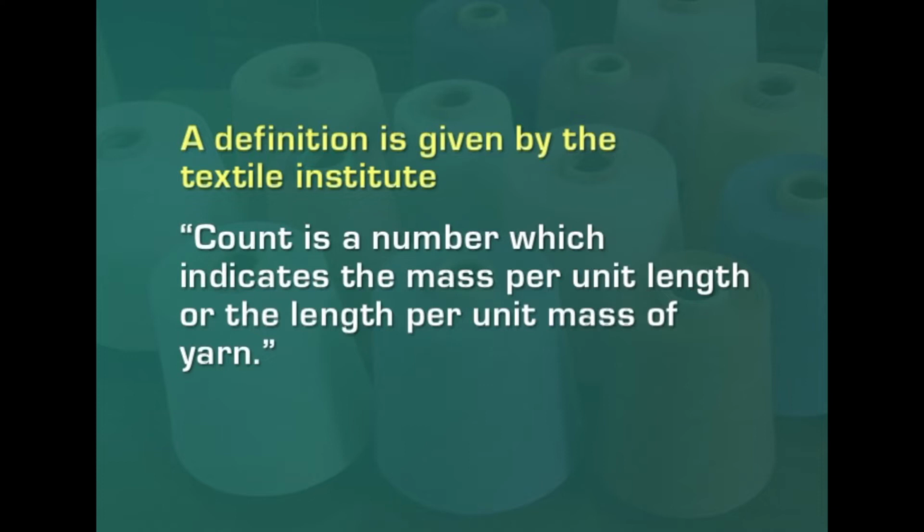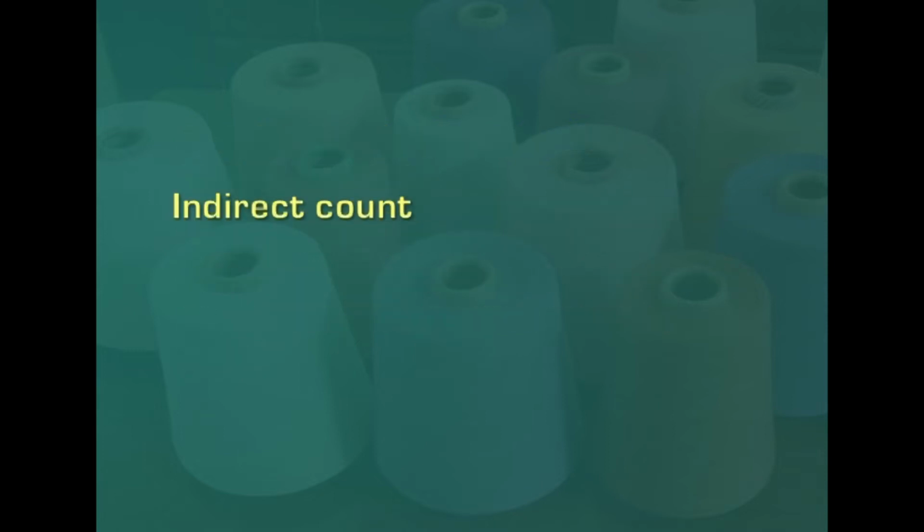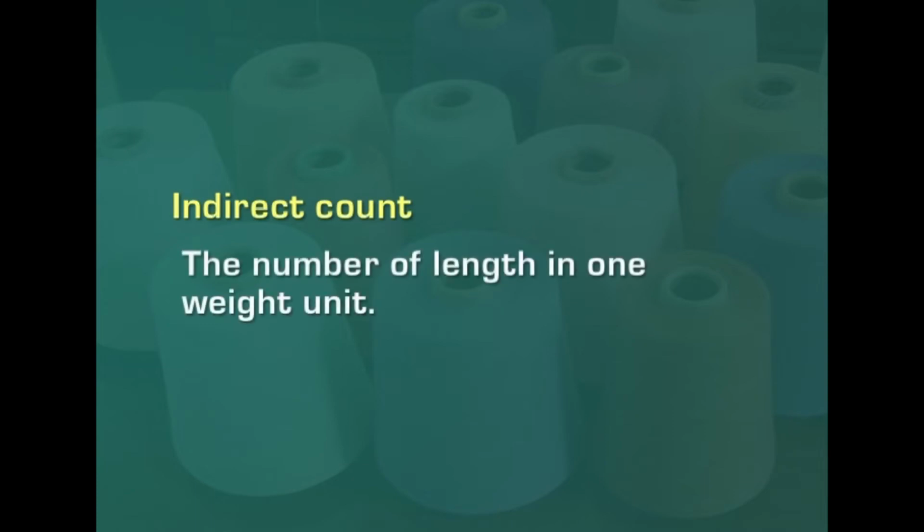By definition, the count is the number which indicates the mass per unit length or length per unit mass of yarn. In the indirect count, the number of lengths in one weight unit is considered as the count, and here, the higher the number, the finer the yarn.